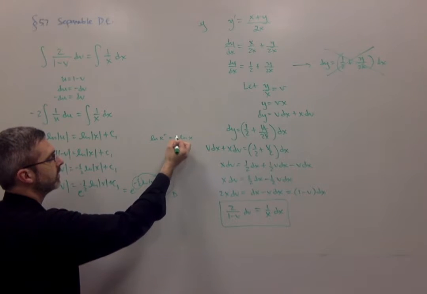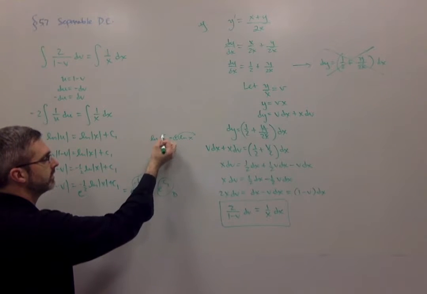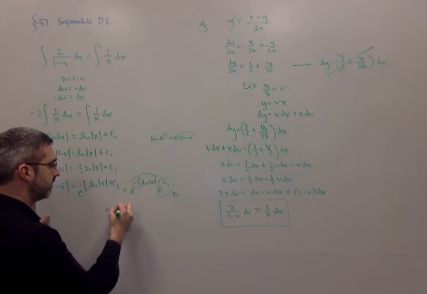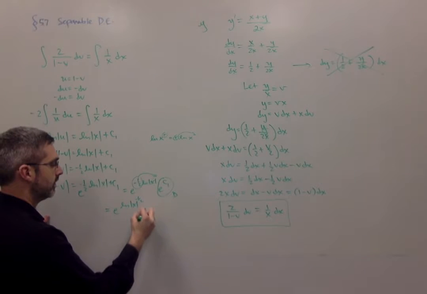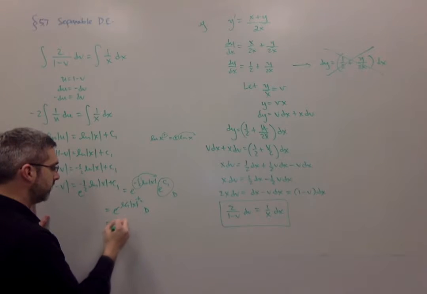So all that we're doing is we're taking that coefficient in front and pulling it up to become a power. The nice thing about that is that then the e and the natural log are together and these go away and we simply end up with x to the negative 1/2.